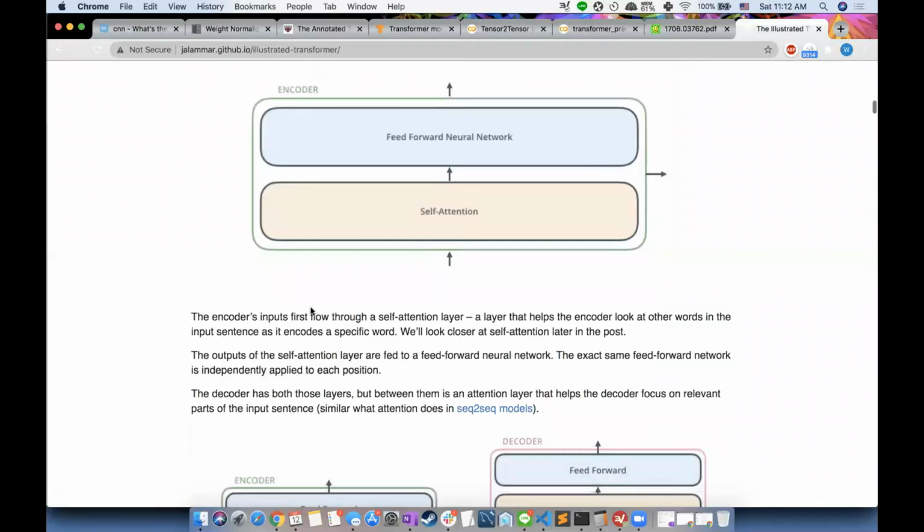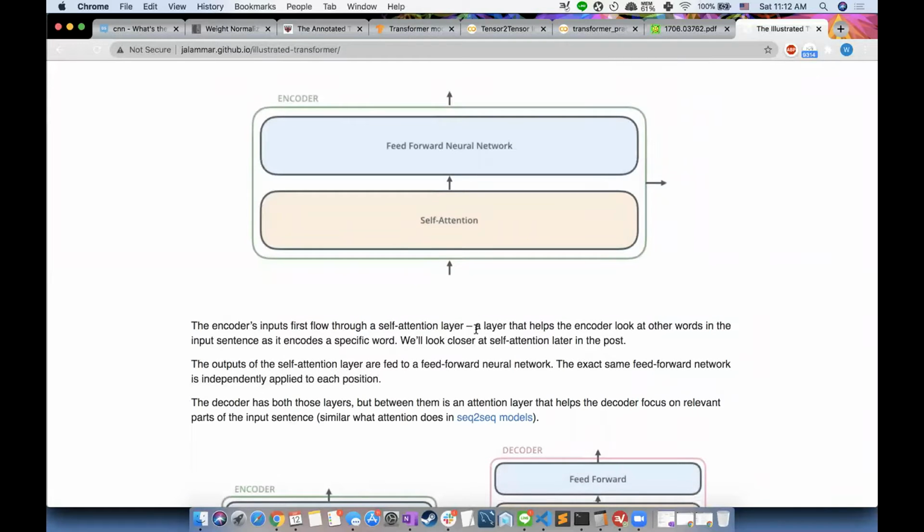The encoder's inputs first flow through a self-attention layer, a layer that helps the encoder look at other words in the input sentence as it encodes a specific word. We'll look at self-attention later in the post. The outputs of the self-attention layer are fed to a feed-forward neural network.